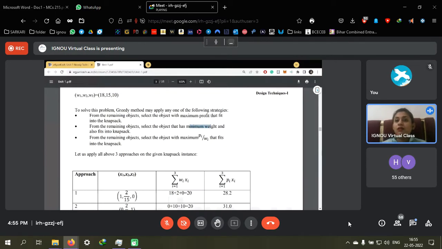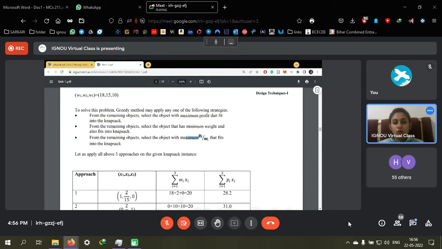That means steal the things that have minimum weight so that you can get a maximum number of any product that you are taking. The next one is maximum profit divided by weight. You have to calculate first the profit and the weight, then pick that object.